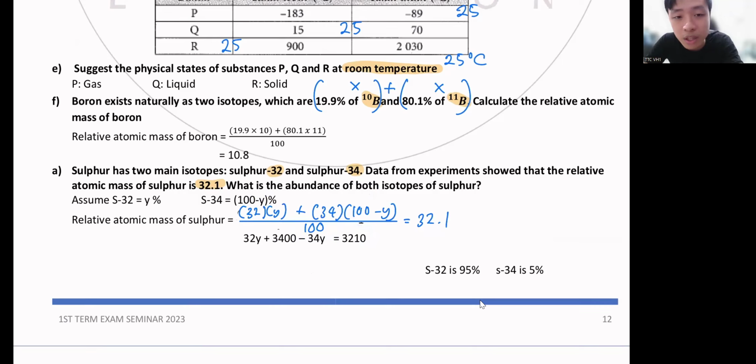Then the others are just maths. So how much do you get for Y?